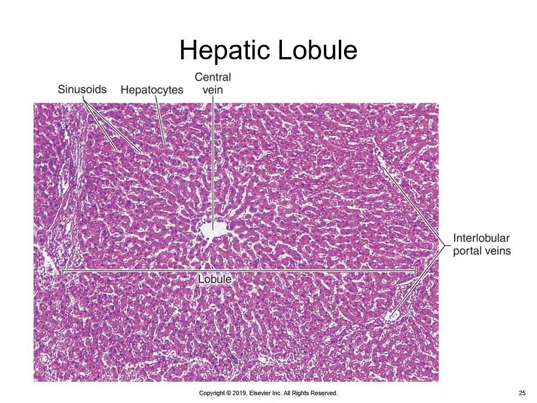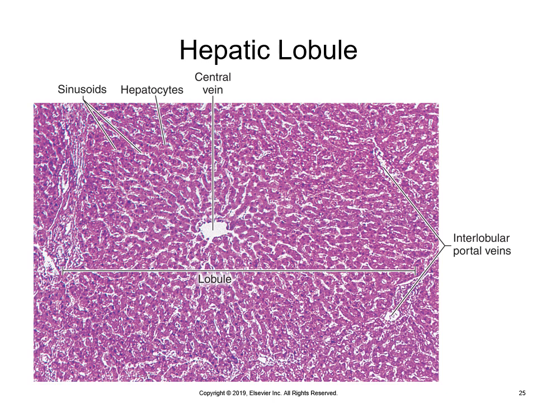Now, it also shows us the sinusoids as well. These are those capillary-like spaces that allow blood to flow from the interlobular portal vein towards the central veins that we saw in that previous image. They also facilitate the exchange of nutrients, oxygen, and waste between those hepatocytes and our blood.